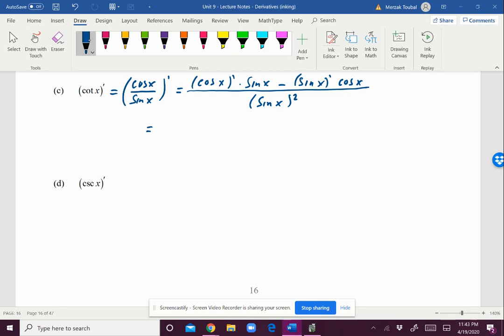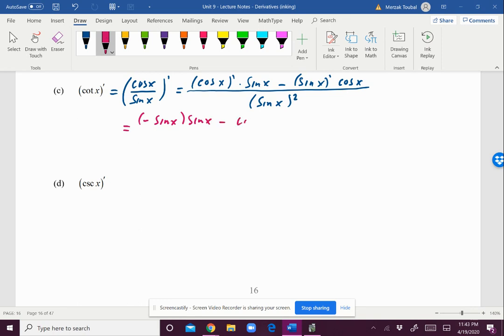Derivative of cosine is negative sine times sine.